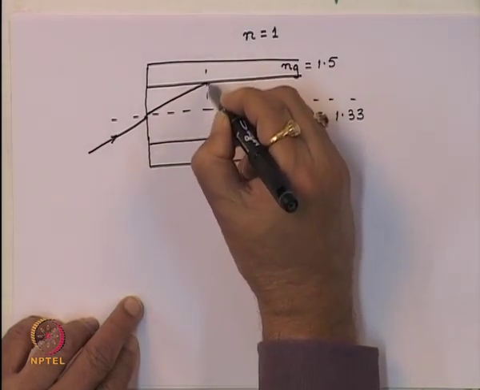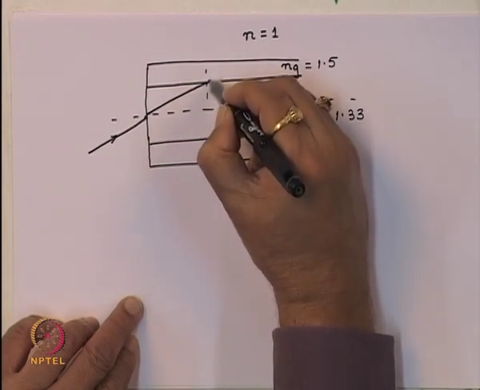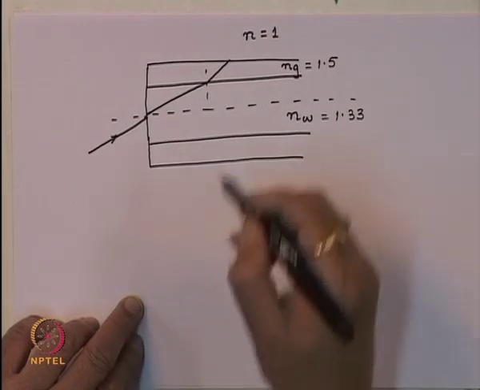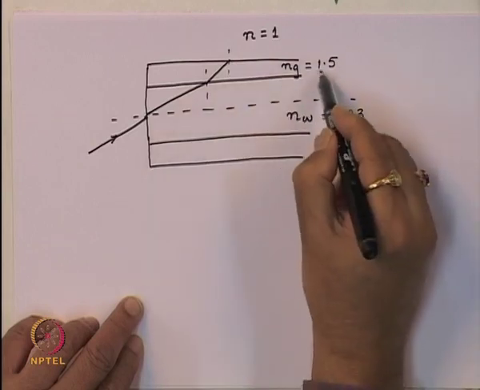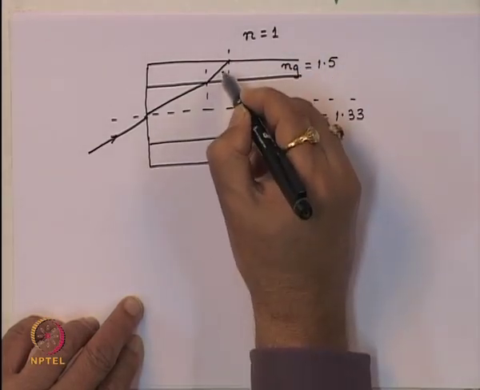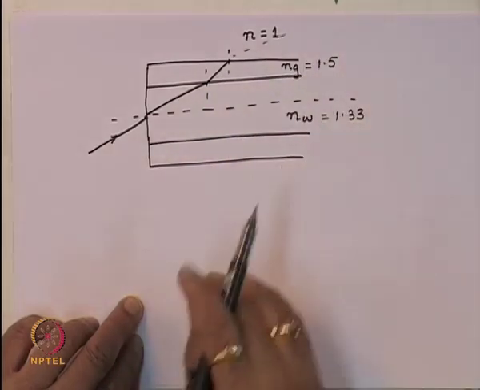So, the ray is bent towards the normal at this point, and the ray will go something like that. Now, at this location, since this is 1.5 and the refractive index is 1 here, if this angle is less than the critical angle, the ray will simply get refracted into the air.